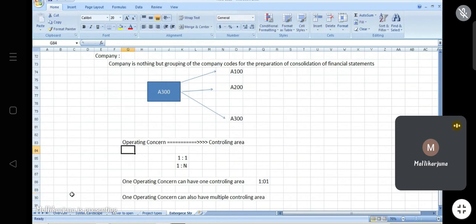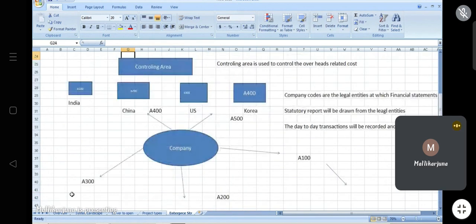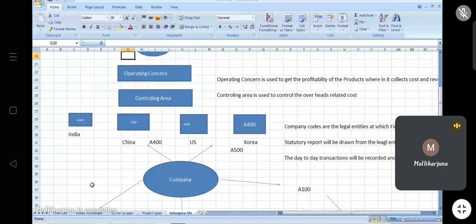So this diagram we can extend, keeping one operating concern and a number of controlling areas as well.